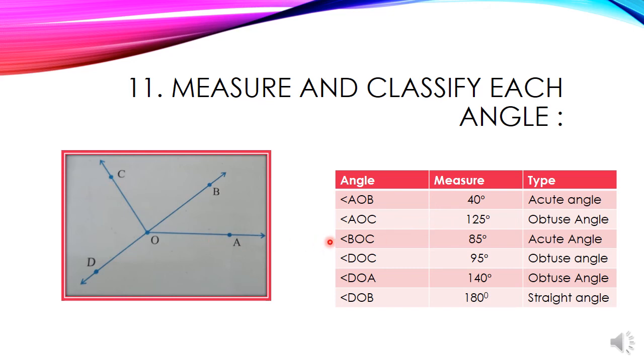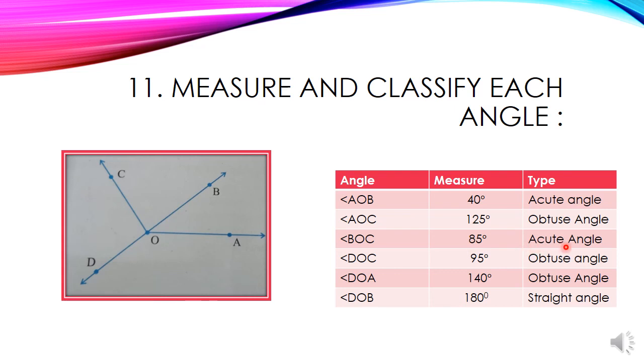Now third angle is angle BOC. Protractor baseline you keep along OB and see which reading arm OC shows, so by the measurement we get it is at 85 degree and the type of angle is acute angle, less than 90.